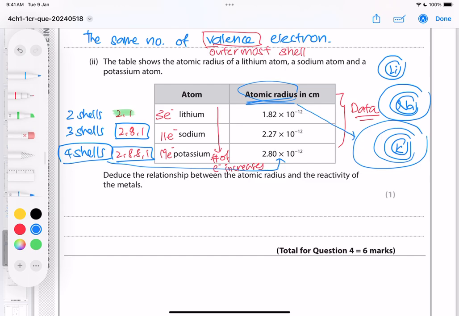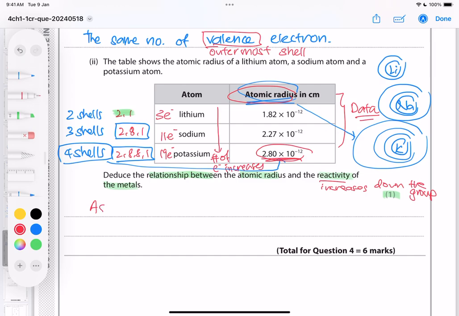So they are giving away 1 mark to ask you to find the relationship between the atomic radius and the reactivity of the metal. So you do need to know by heart that the reactivity increases down the group. What this means is, as the atomic radius increases, you see that as you go down, it gets bigger in value.